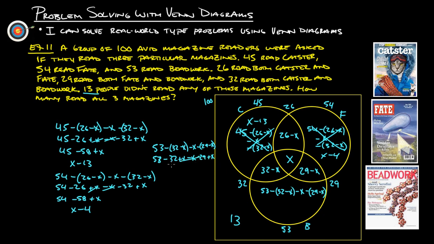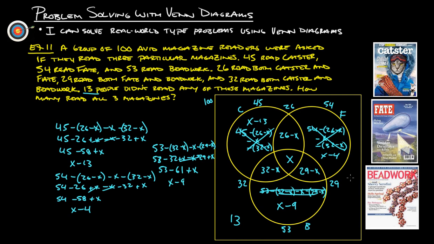Those x's cancel each other out. We have 53 minus 32, and that's a negative 29. That's negative 61 plus x. That gives us x minus 9. So then that there is all the same thing as x minus 9.